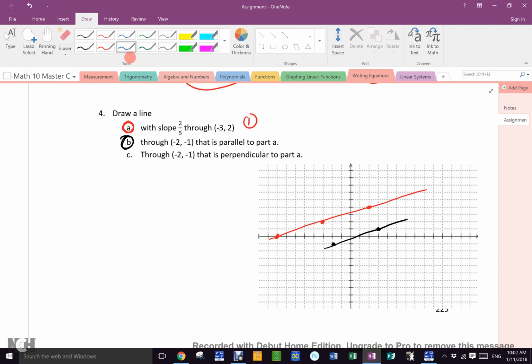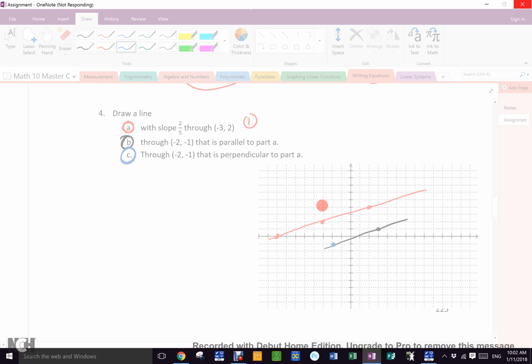Okay, and then I need a perpendicular one through -2, -1, which is this point right here. What's perpendicular? Opposite and flip the sign, right? Or opposite and flip the fraction, right? So this was 2/5, so I got to go up 1, 2, 3, 4, 5, and left 1, 2.